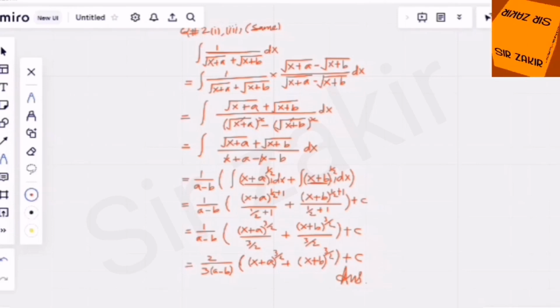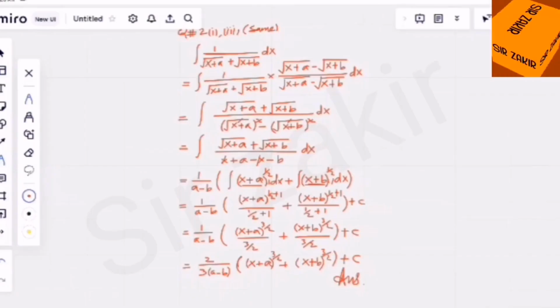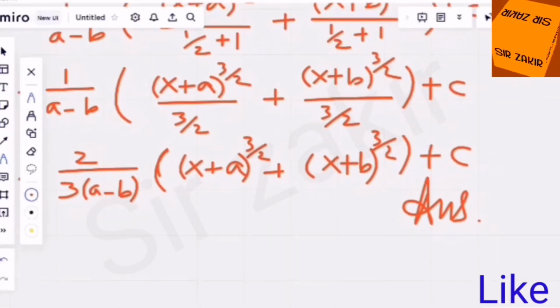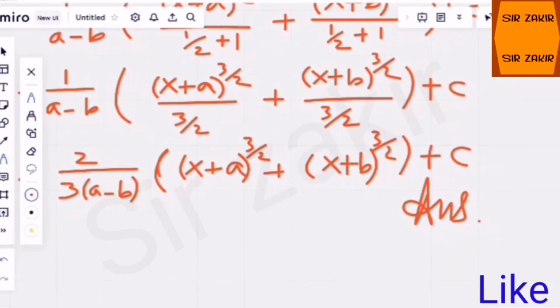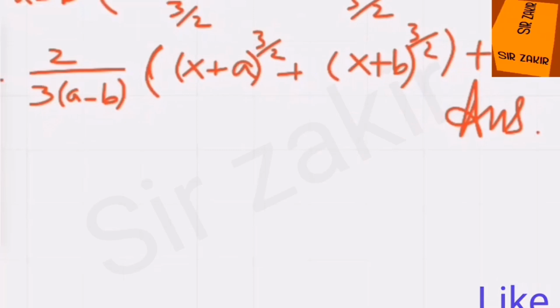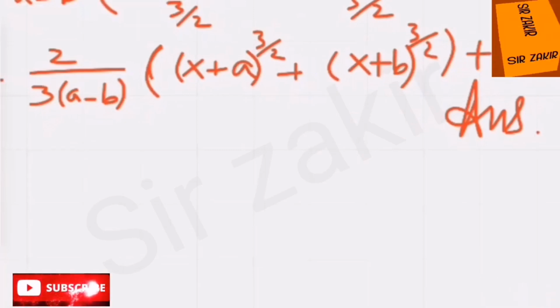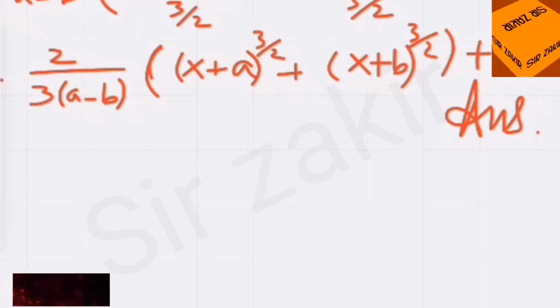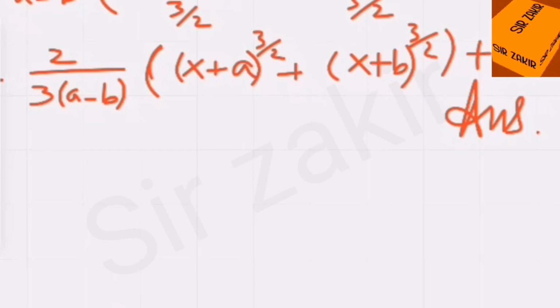So when there is a function and its derivative is written as a product with it, we add 1 to the power of the function and divide by that value. So for x plus a power 3 by 2, we divide by 3 by 2, and for x plus b power 3 by 2, we divide by 3 by 2. We take 3 by 2 common from the denominator, and it becomes 2 by 3 in the numerator. From the third, 2 rises to the first place, so 2 by 3 times a minus b, and this becomes the answer. Part number 3 can also be done by the same method.